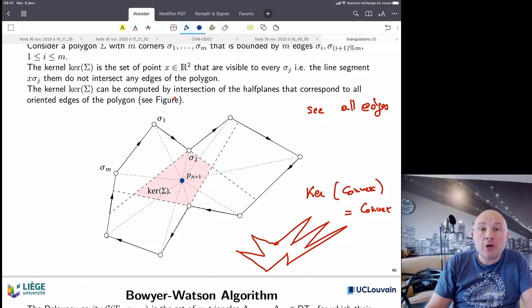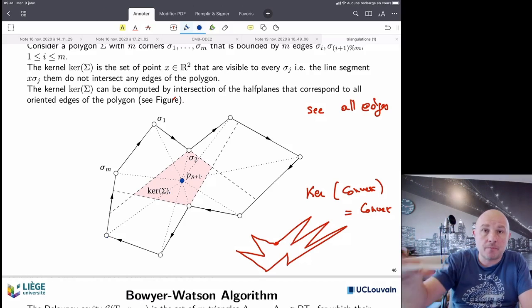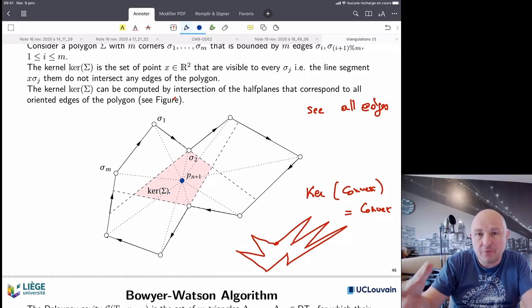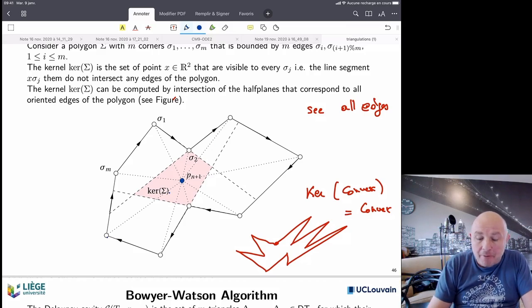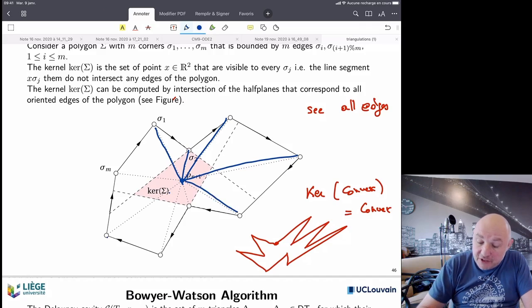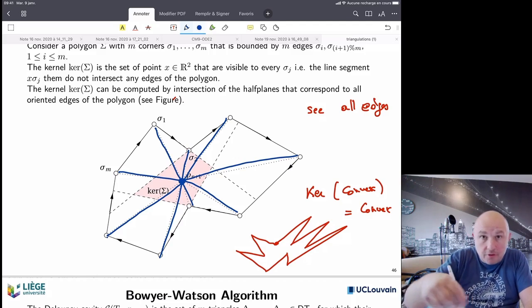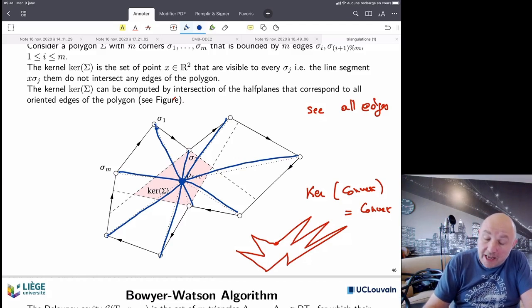So, the Bowyer-Watson algorithm works like that. Take a new point, Pn plus 1. Find its cavity. What is the cavity? It's a set of triangles. Remove those triangles from the actual triangulation and replace them by the triangles formed by triangulating the empty cavity, using that simple procedure, just connecting this point with all edges of the cavity.